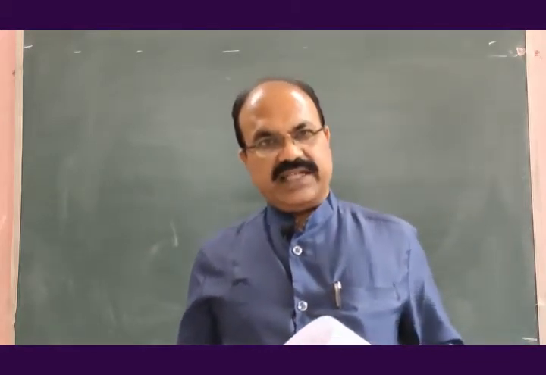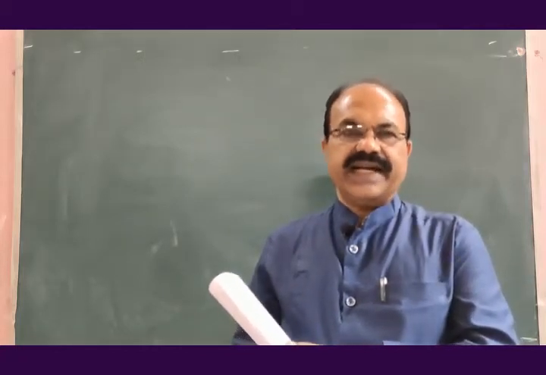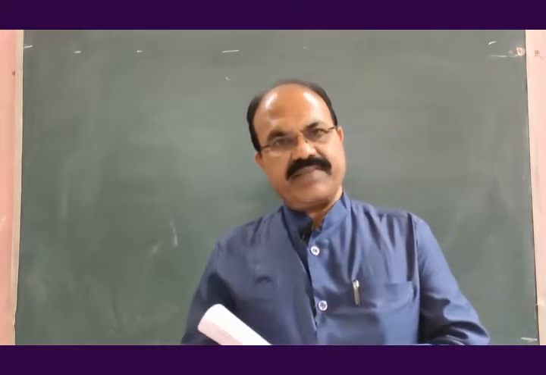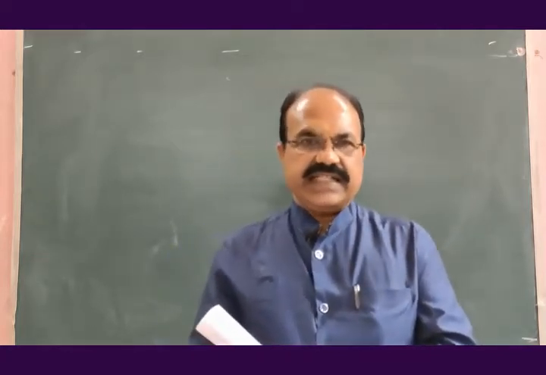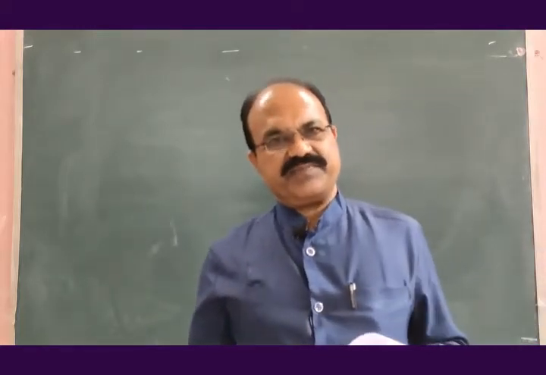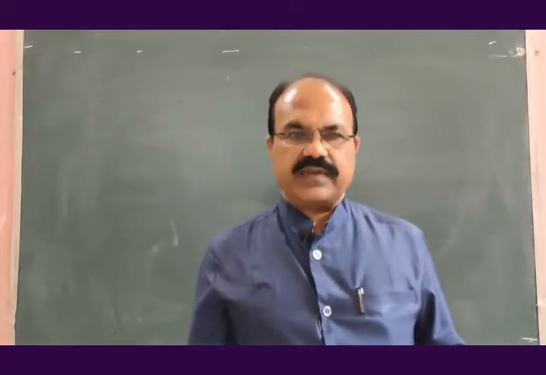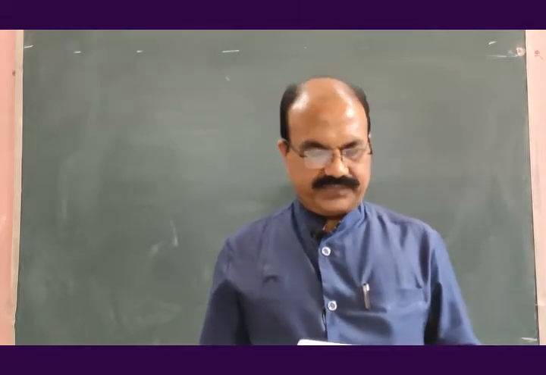Broadly, there will be 2 types: intrinsic semiconductors and extrinsic semiconductors. Extrinsic semiconductors will be further divided into 2 categories: N type and P type. I think you might have studied this part in earlier classes. Whatever, we are going to study this.